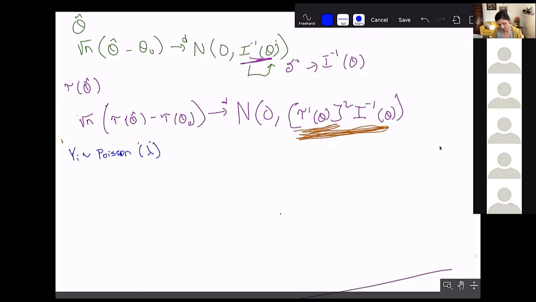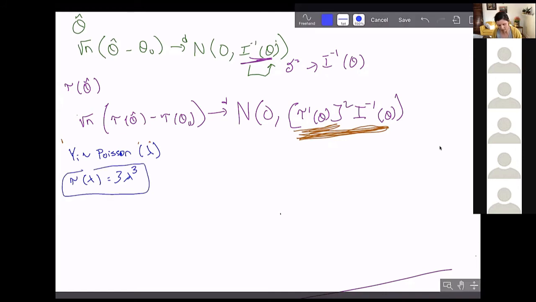And let's also assume that the tau of lambda that we're interested in is, I don't know, you guys can make something up. Let's say 3 times lambda cubed. That's our transformation. And so we can use the delta method to find the variance of this estimator. I'll show an example of that.